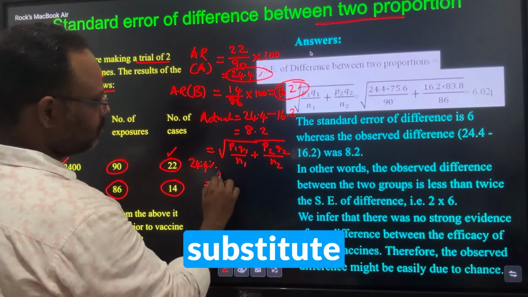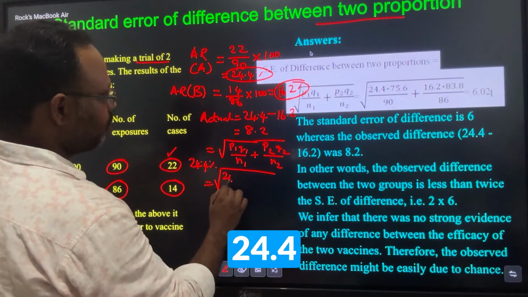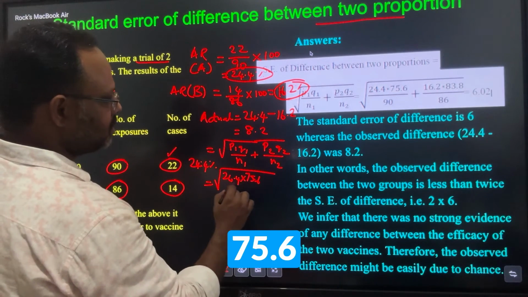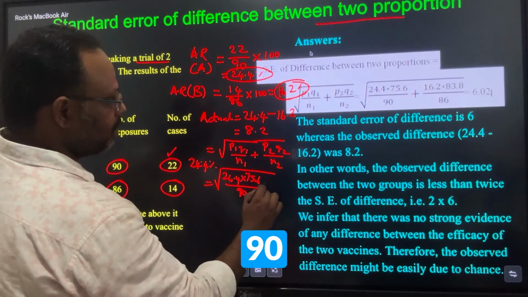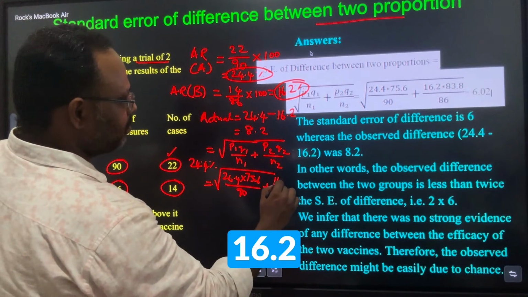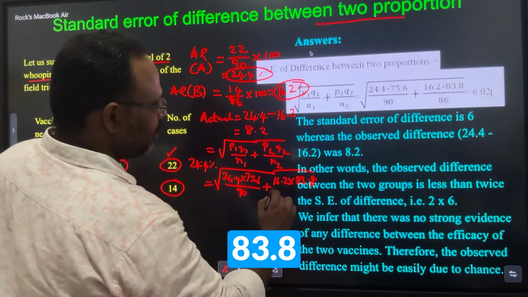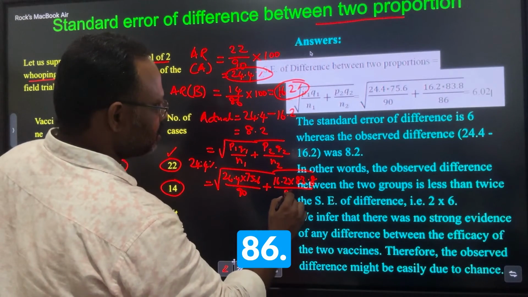So we need to substitute that in the formula: 24.4 into 75.6 divided by 90 plus 16.2 into 83.8 divided by 86.